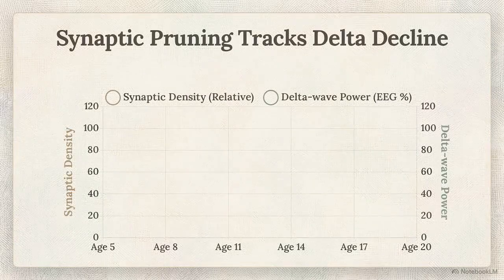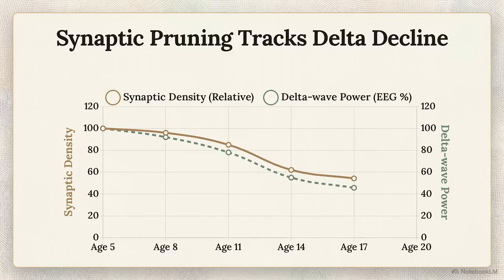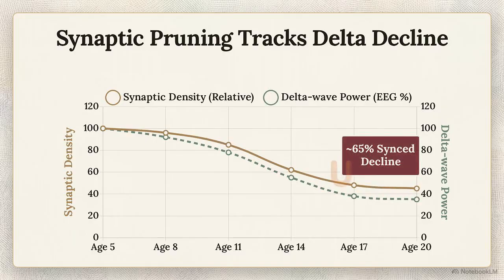This dual-axis visualization maps cortical synaptic density against delta-wave EEG power. The data proves non-REM slow-wave sleep is the primary theater for synaptic downselection. Deep sleep partitions the workload, driving generalized pruning that results in a synced decline of physical synapse counts and delta waves.